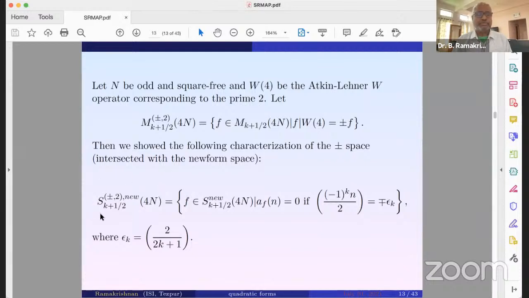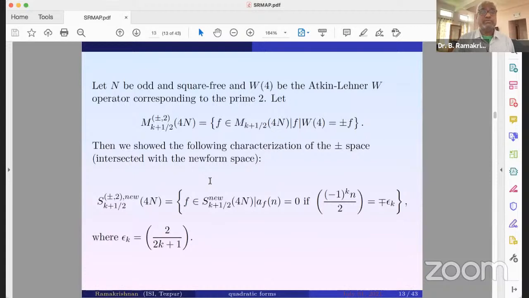If I consider that particular intersection with the newforms, then it has a nice characterization: it contains all newforms such that the n-th coefficient is 0 whenever (-1)^k n over 2, the symbol value, is minus or plus epsilon_k, where epsilon_k is (2 over 2k+1), the Kronecker symbol. So epsilon_k is also plus minus 1 depending on the parity of k. When the right hand side becomes minus or plus 1, it belongs to the plus minus 2 space. So this is the first characterization which we proved.